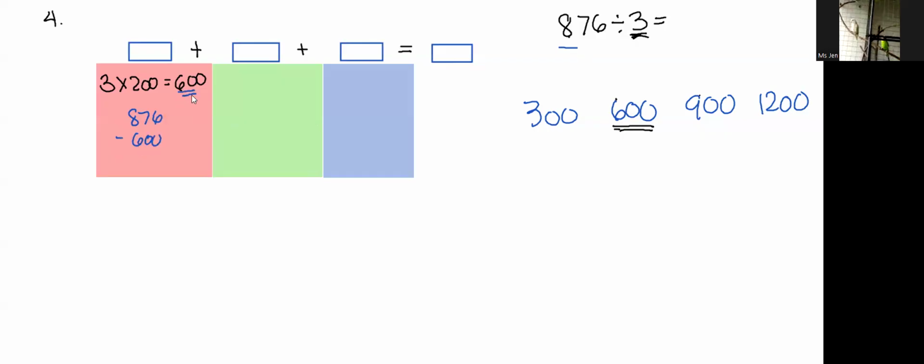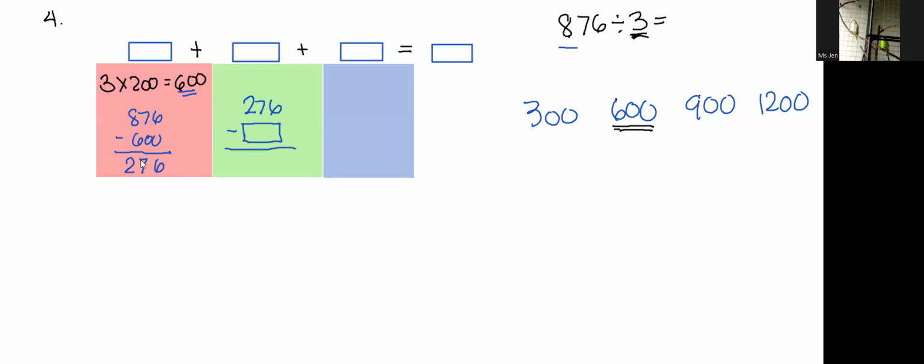When you subtract this, that will be 2, 7, and 6. Now remember, whatever your number here, that will be the new starting point. It will be the 276, and then minus, we don't know yet. We will find out soon enough.